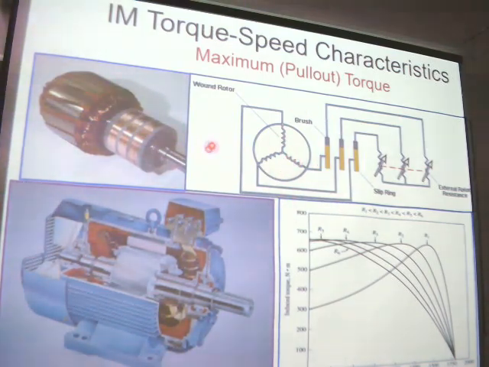So this is a wound rotor induction machine, with 3 slip rings and the rotor winding. It just connects to the 3 rings.